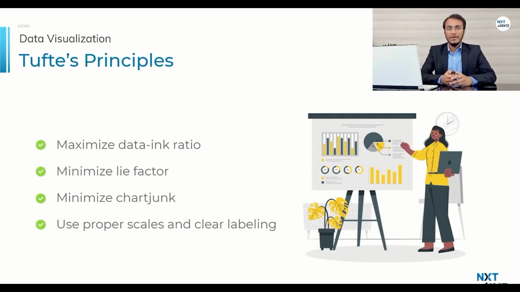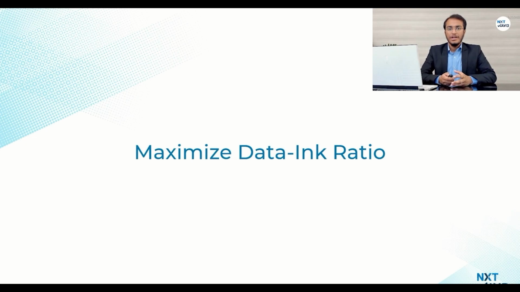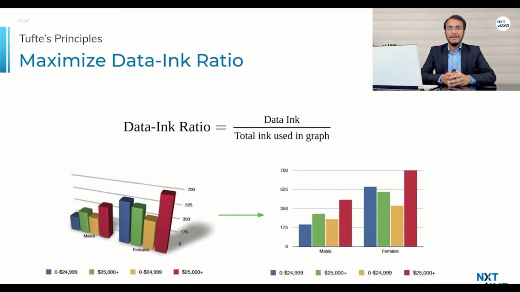To begin with, what is maximizing the data ink ratio? If you look at this graph, you can understand it with this example. The data ink ratio, you can see the formula, is the data ink divided by the total ink used in the graph. This comes from a context where when you plot a graph, you might have a printer and actually print it.